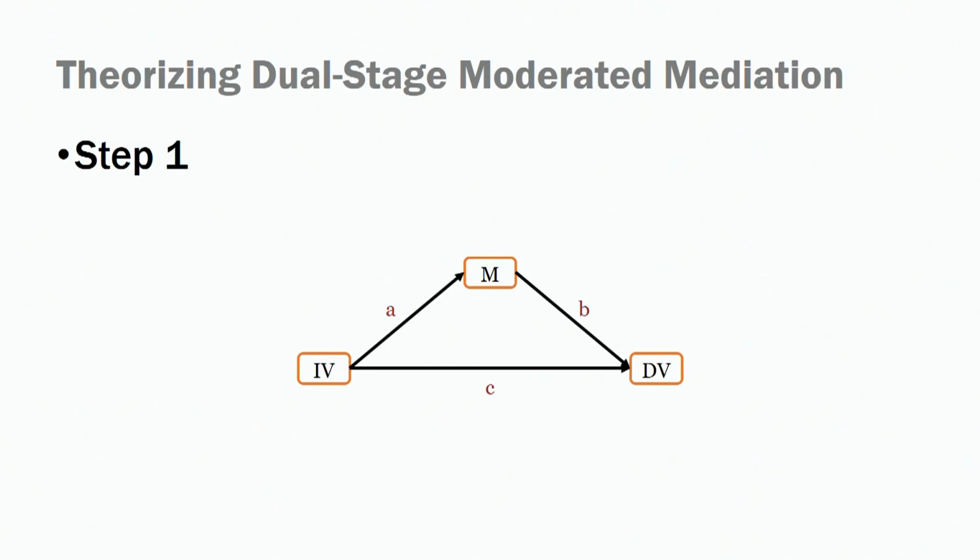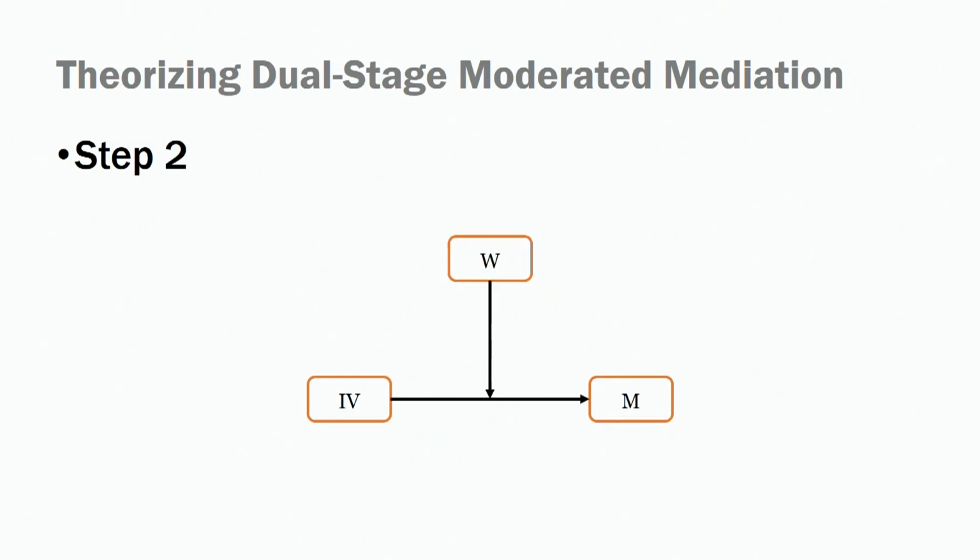So theorize about the effects of the independent variable on the dependent variable via a mediator. And then in step 2, we theorize about the relationship between our independent variable and our mediator being a function of the moderator 1. Okay? So we are looking at the interaction term and the effects of that interaction term on the mediator. And for our third step, and this is different, we are adding another moderation.